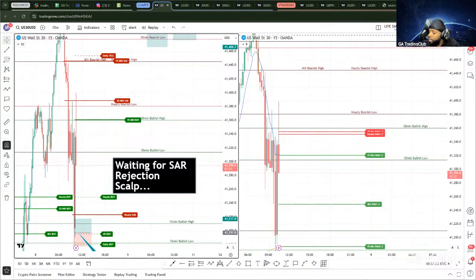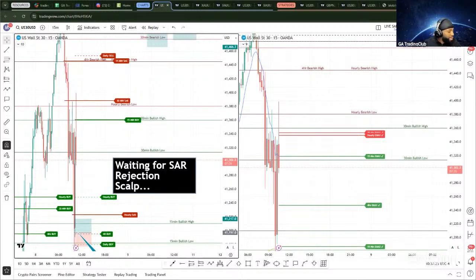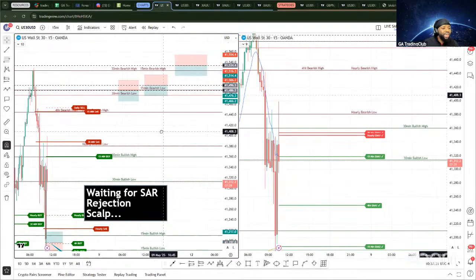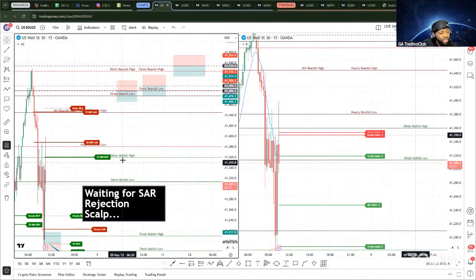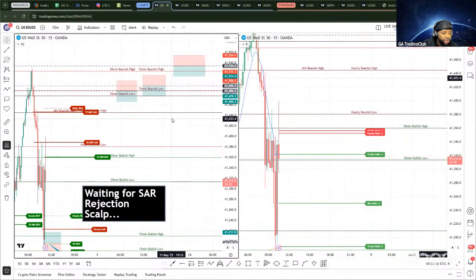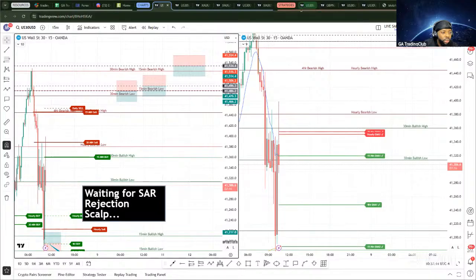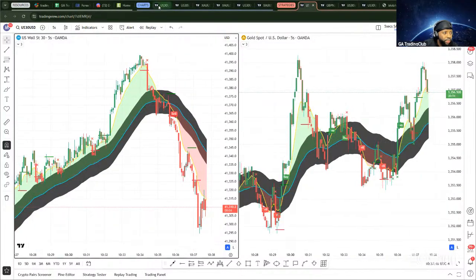So let me see what time it is. I'll stay on for about 8 more minutes, but I don't think price will get to this selling area. I think maybe we'll get to this selling area in the afternoon session, because I don't even think it's going to get here to the 41,500 range before 11.